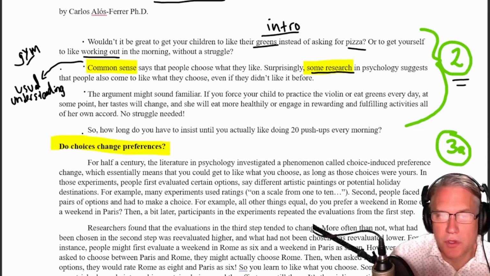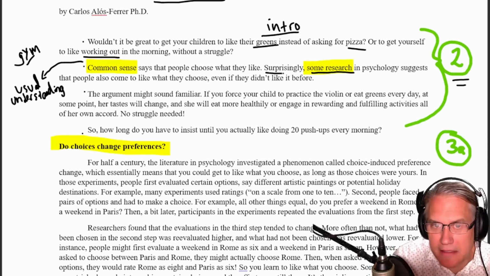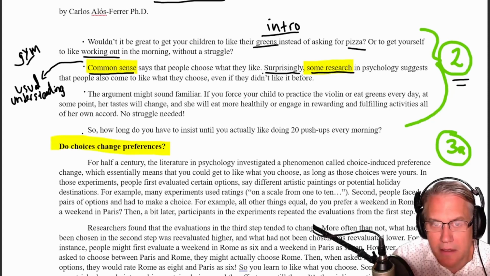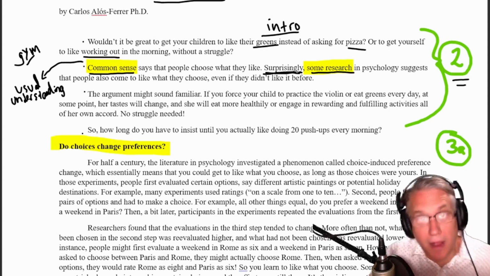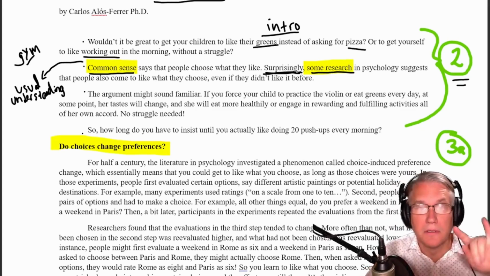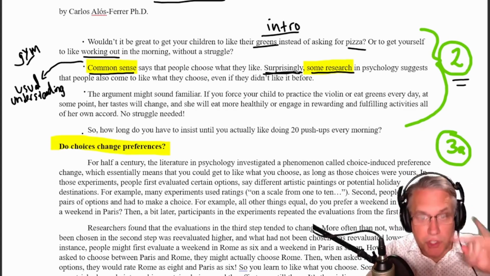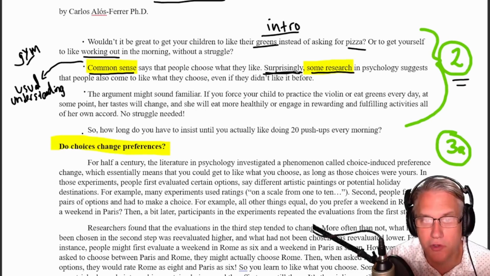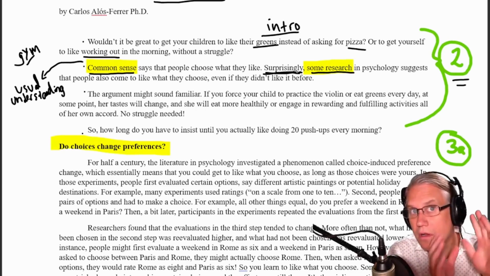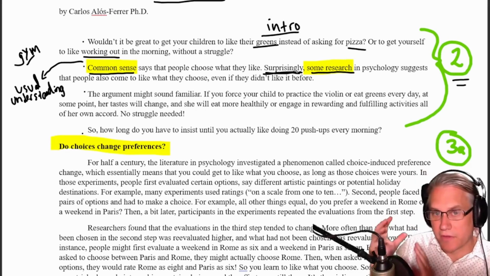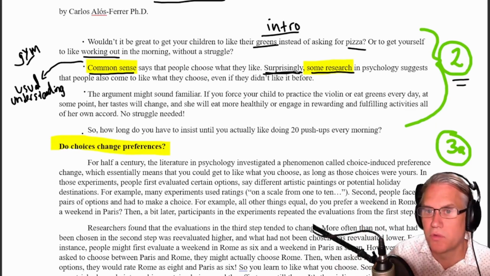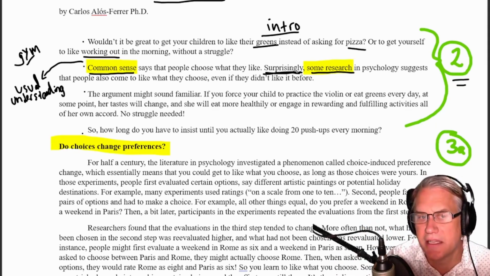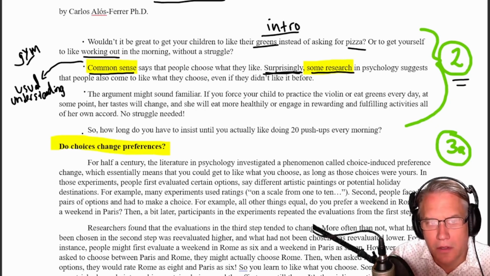Surprisingly, then, this is going to be the opposite of common sense. So common sense is what we expect. Surprisingly, then we're having a reversal. We're changing, we're contrasting. So common sense says one thing, but we have a surprise. Surprisingly, some research in psychology suggests that people also come to like. So come to like.